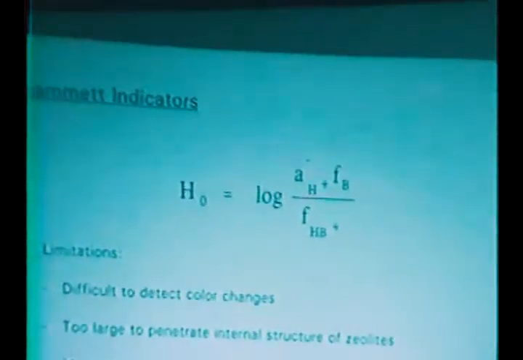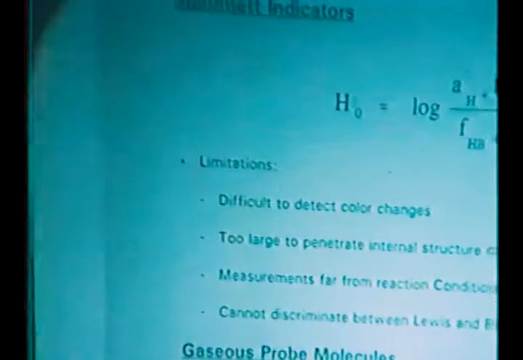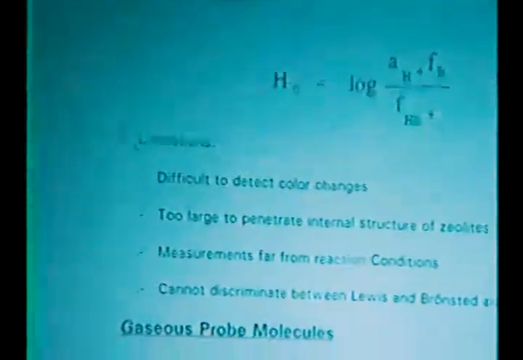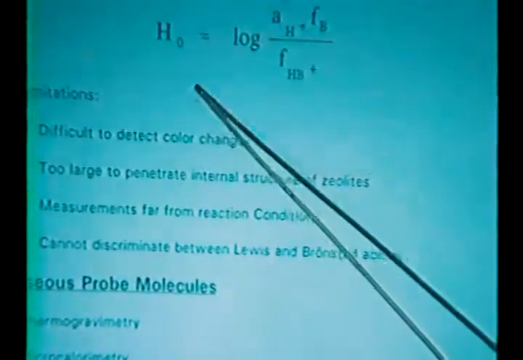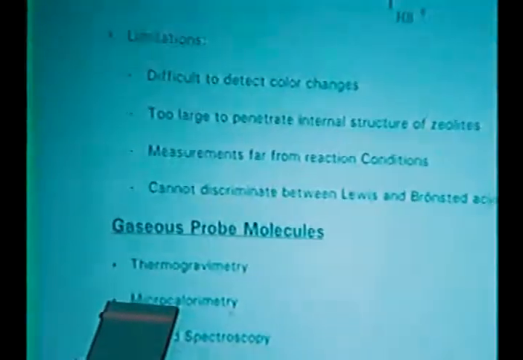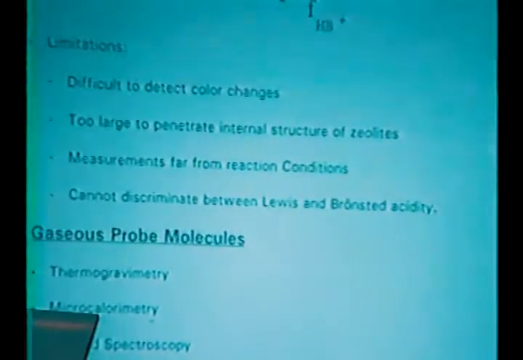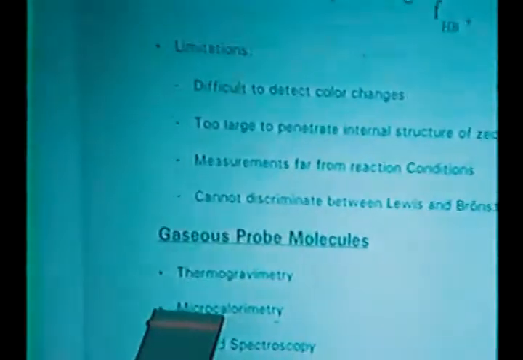So let's quickly go through what's out there in terms of approaches. I'm sure you're all familiar with the Hammett indicator method that uses Hammett indicators to probe the strength of the acid site and relies on color changes. The serious limitations of this method are that it's difficult to detect color changes, especially when the solid is colored itself.